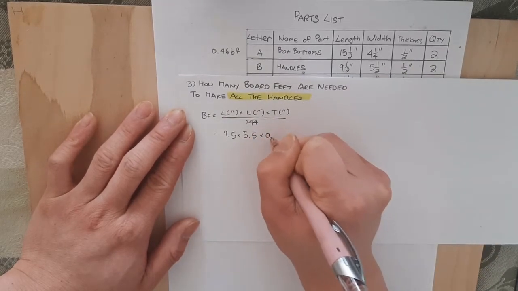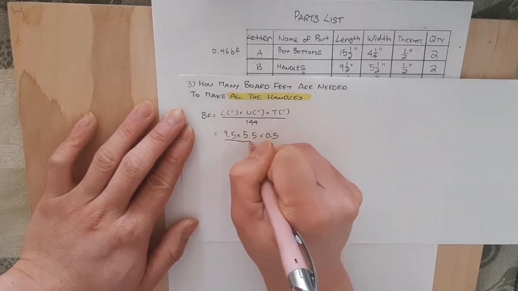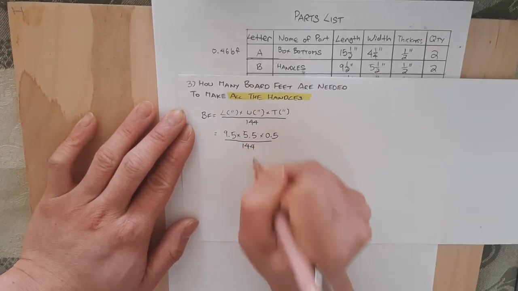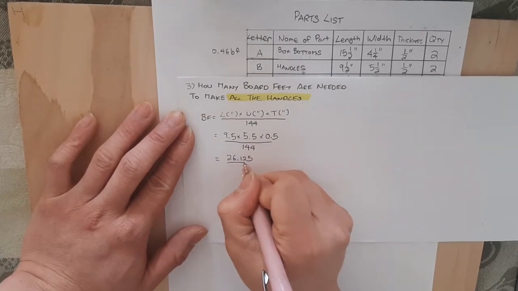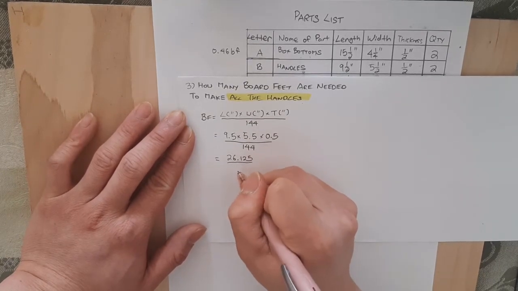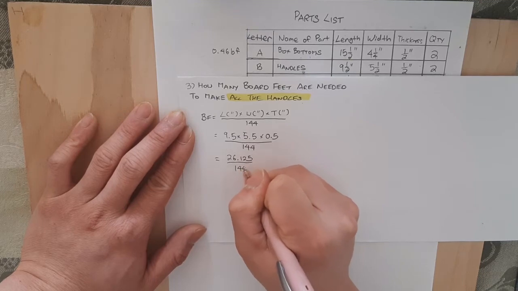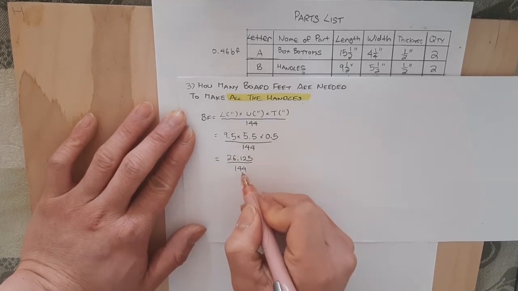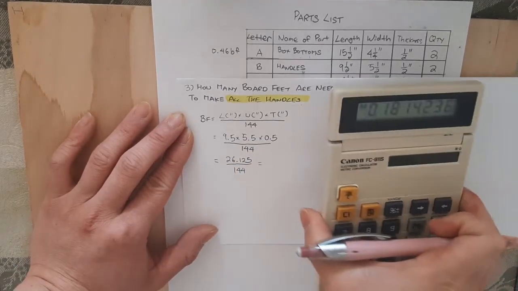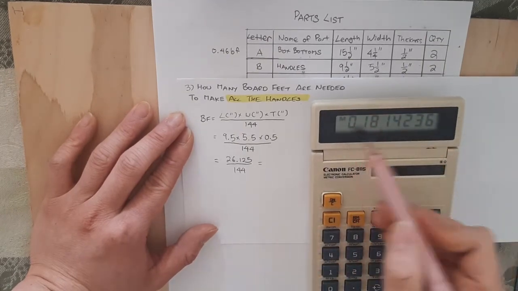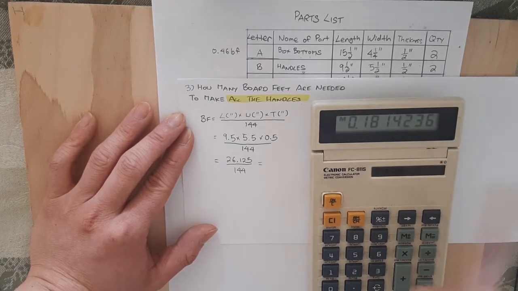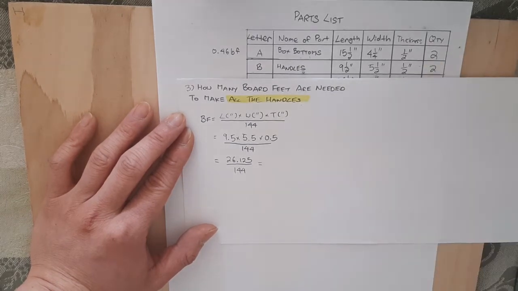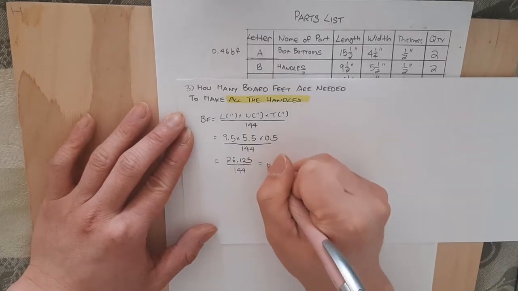Half inch, 0.5. Divided by 144. That comes to 26.125. We're going to take all of that and divide it by 144. And that gives us this number here. I'm just going to round to the nearest hundredth. So that's 0.18.